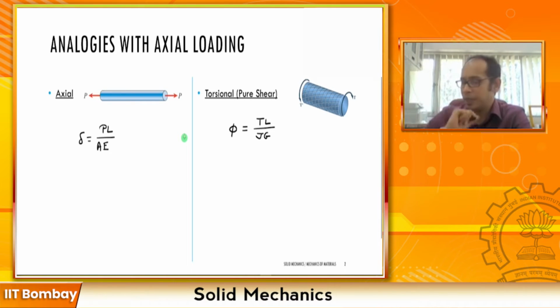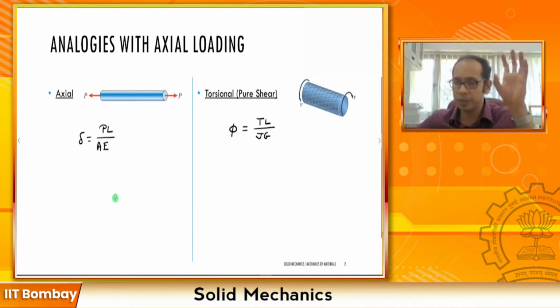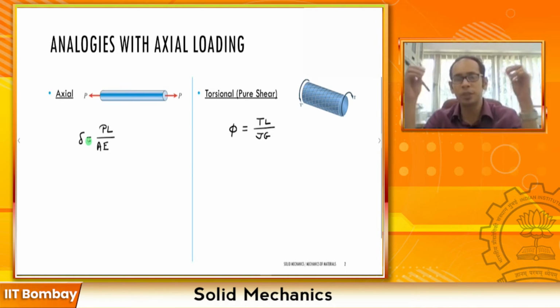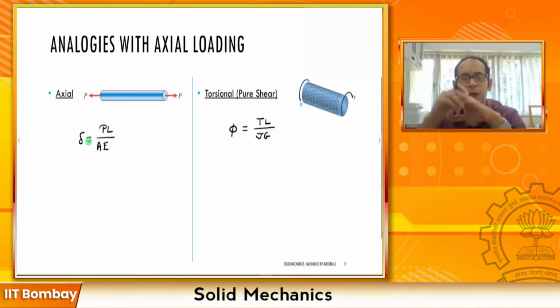Take a look again. Delta is here and here is phi, so both are measurements of deformation in some sense. Delta is the longitudinal displacement, phi the angle of twist. Then on the right hand side, here you have P, which is the applied force, and here you have T, which is the applied torque.